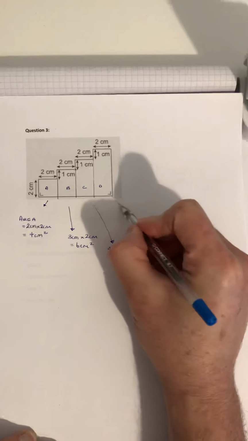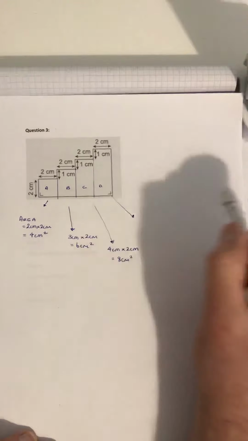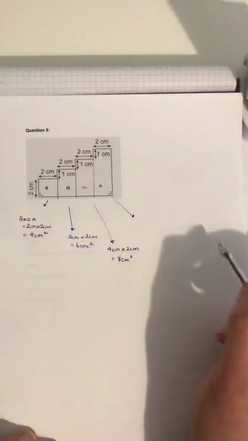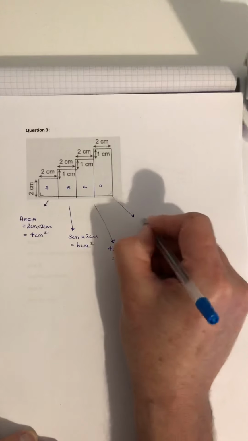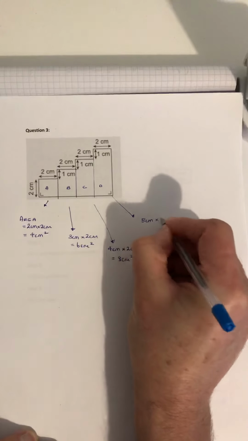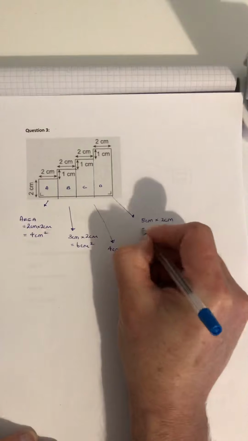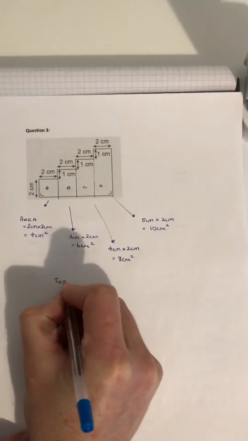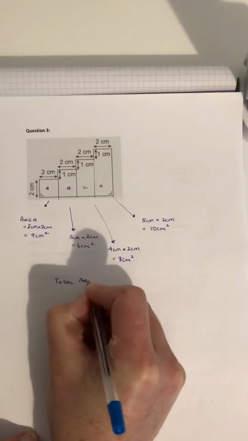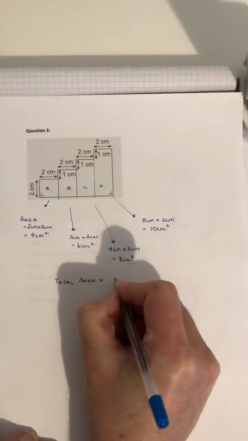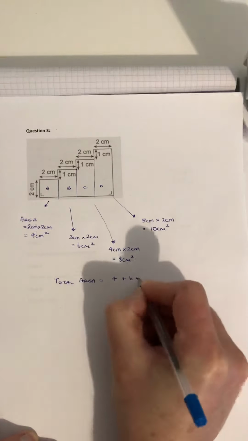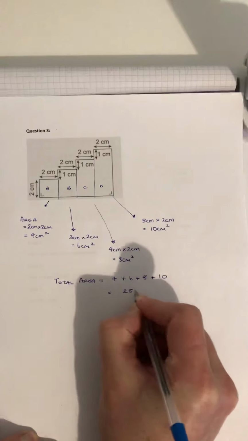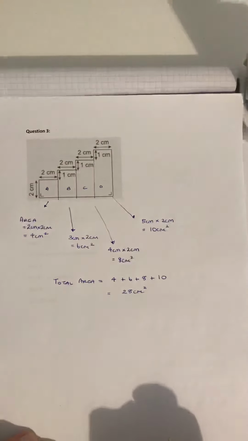And the last one, D: 2 and 1 is 3, 4, 5. So it's going to be 5 centimeters multiplied by the width of 2, which is 10 centimeters squared. So the total area will be equal to 4 plus 6 plus 8 plus 10, which is equal to 28 centimeters squared.